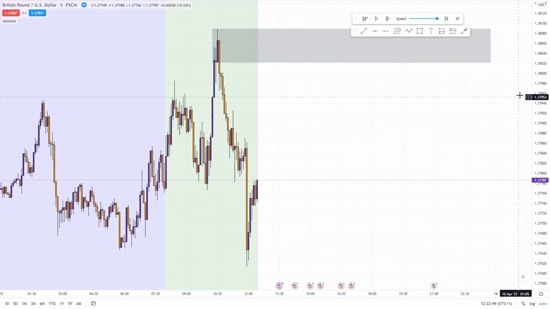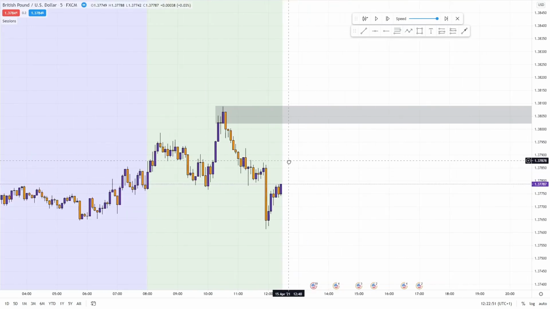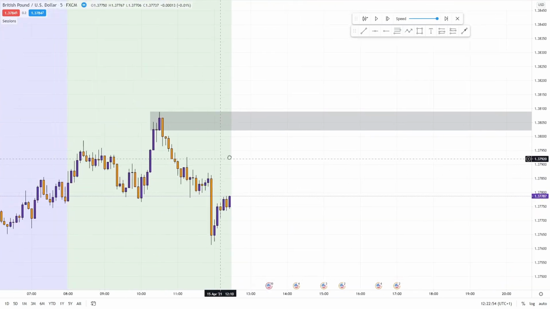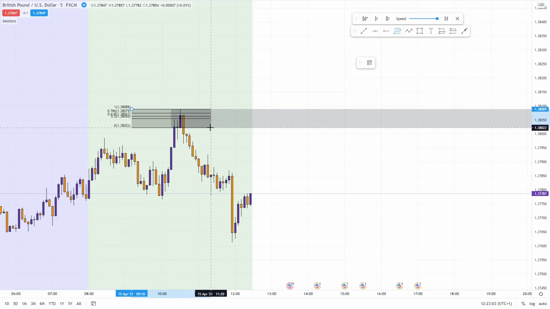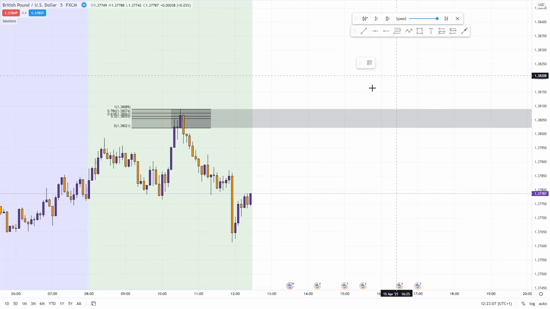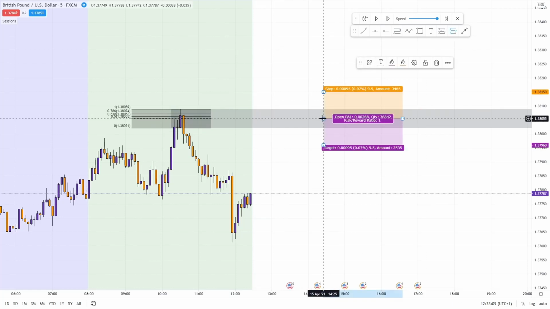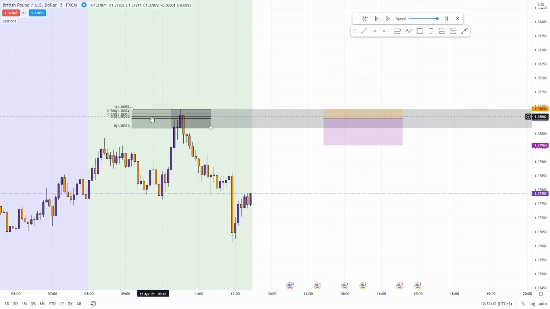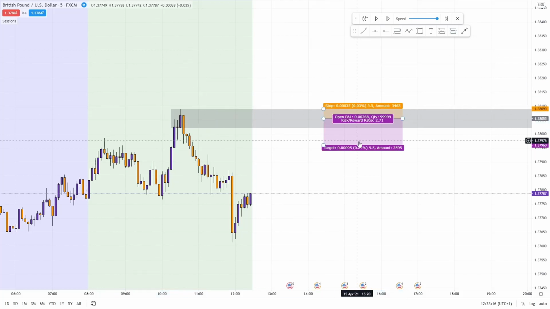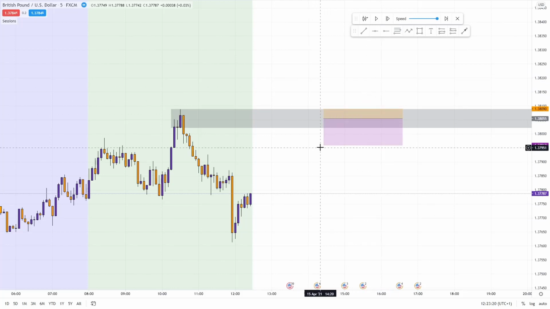So what I had done to set my entry, as I didn't have a clear imbalance or smaller order block on the smaller time frame to enter off, I simply got my fib tool, ran it from the high to the low of the candle, set an entry at 50% with a stop at the high of the candle, understanding that if price breaks above here, then we probably won't be getting a massive reaction downwards.